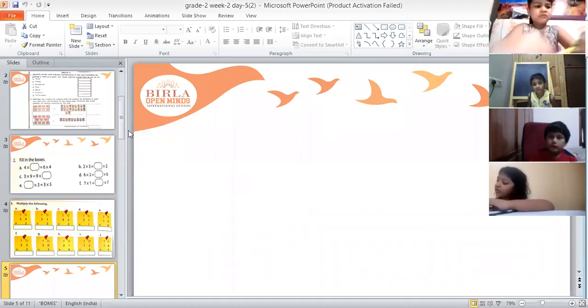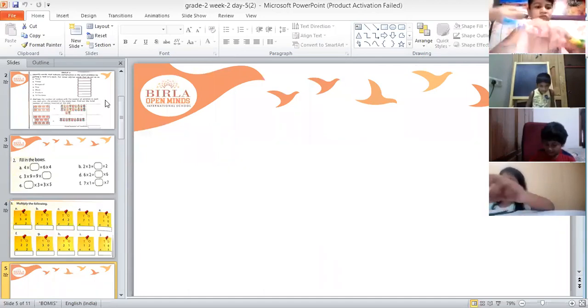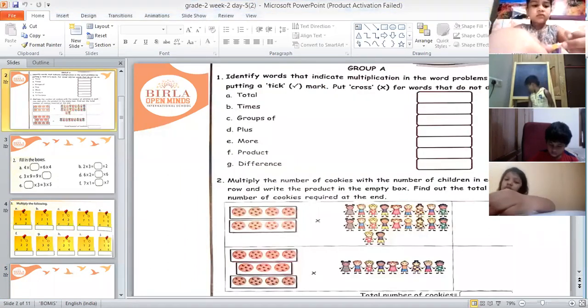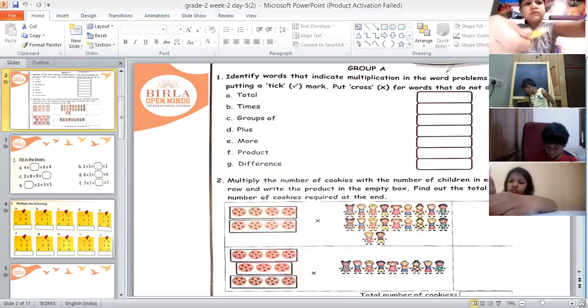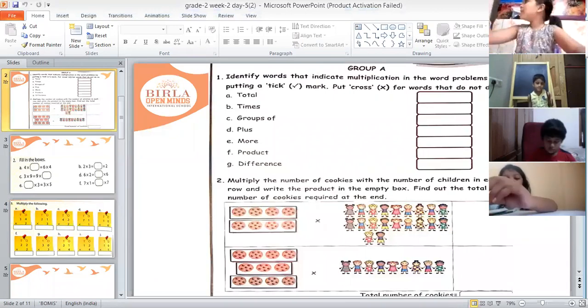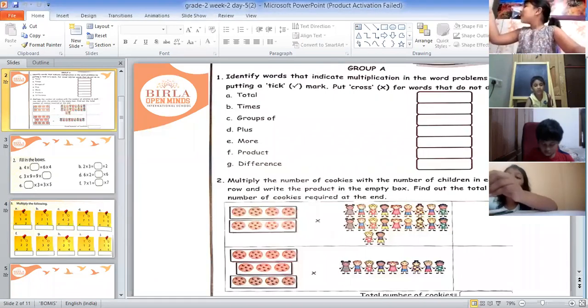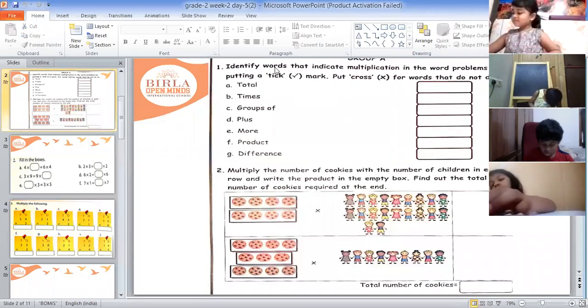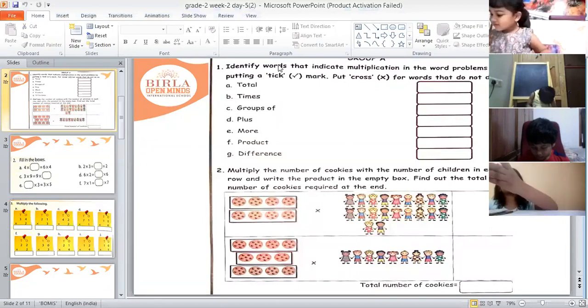Okay. Now what we have to do, we'll write this 99 in our course book. So in the first box, we'll write 160 because our first answer was 160.